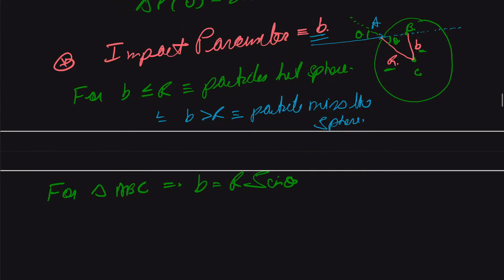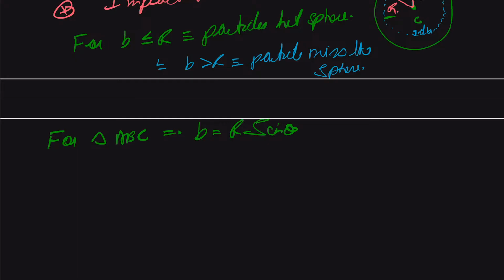Let us assume that we draw a circle with respect to this impact parameter. This circle has radius b, and let us assume that the thickness of this is db.